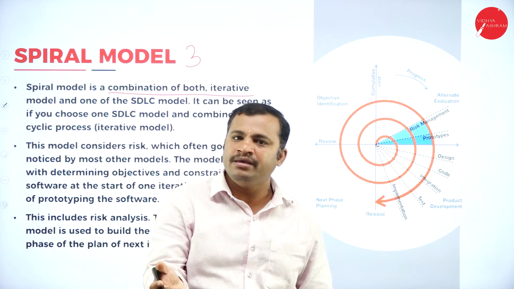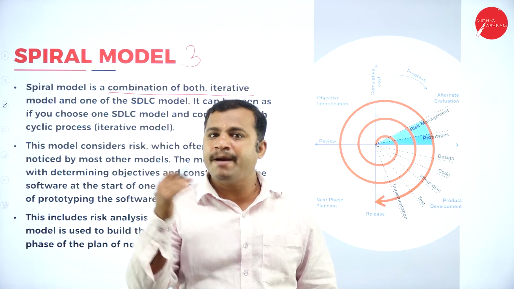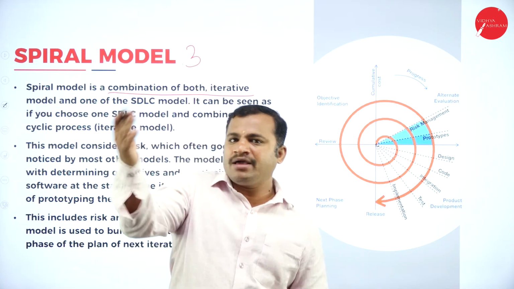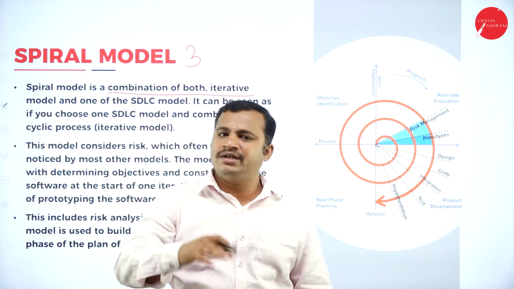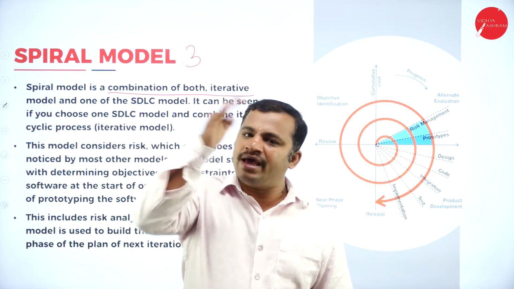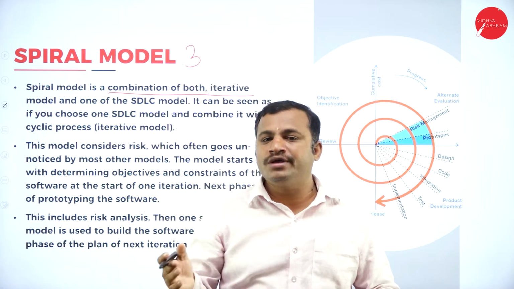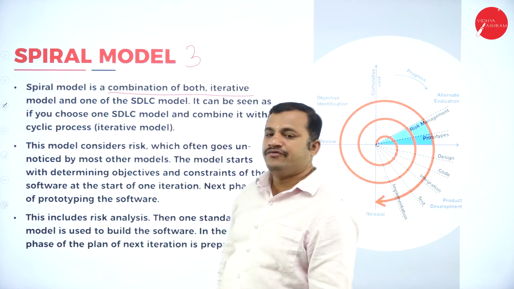We have the Big Bang model, Big Bang with iterative, waterfall with iterative or anything. A combination of iterative with any other type of model together forms a spiral model. So if that is the case, we shall see to it.